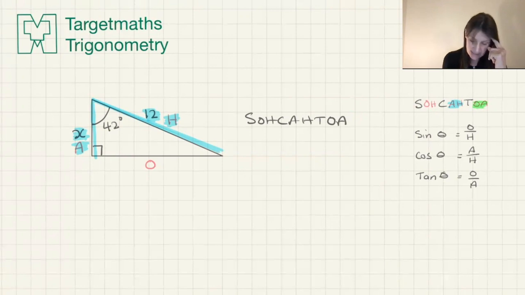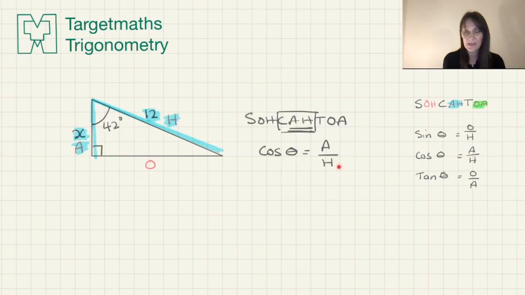I've got A and H, which is that one there. So it's going to be cos theta equals A over H. I'm literally writing it in the order. C first, cos theta, A on the top, H on the bottom.